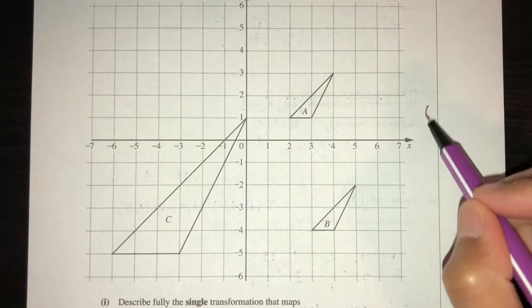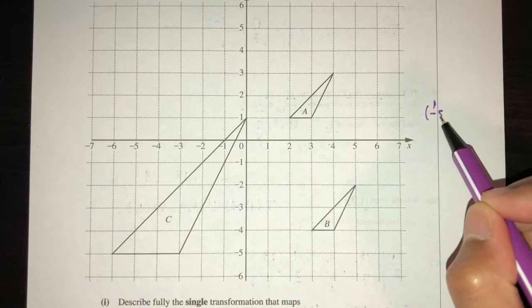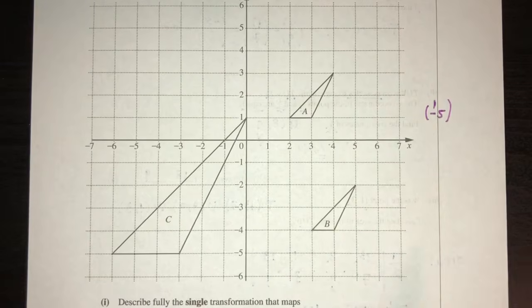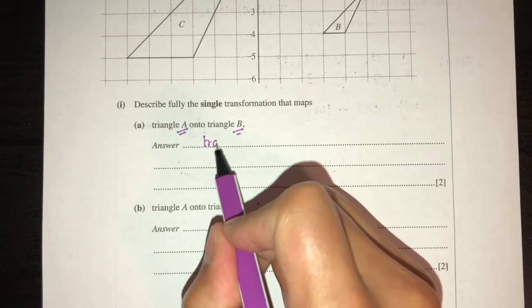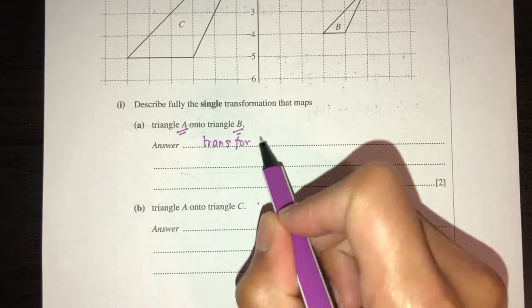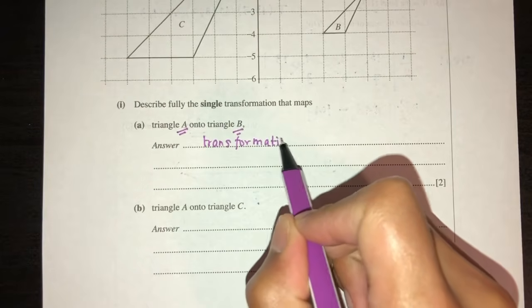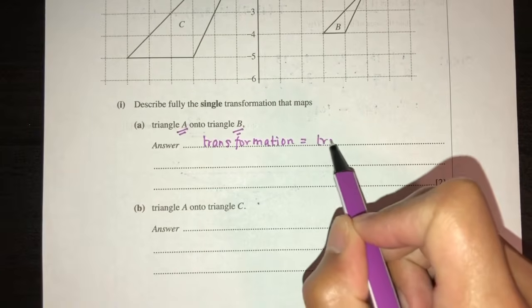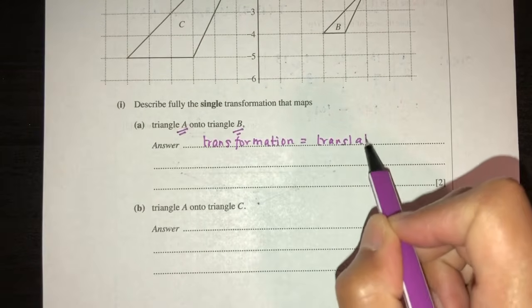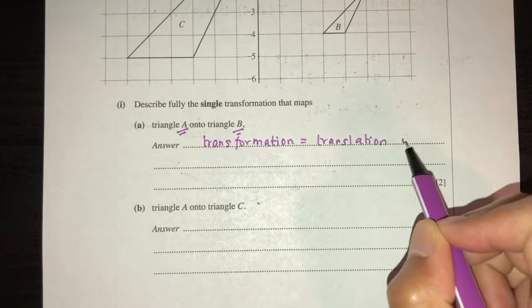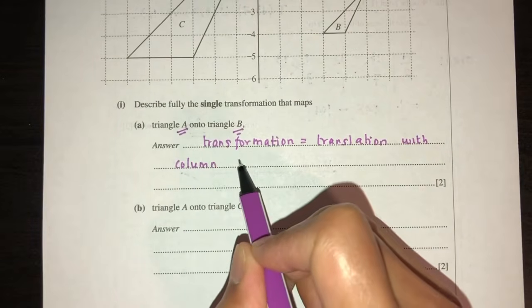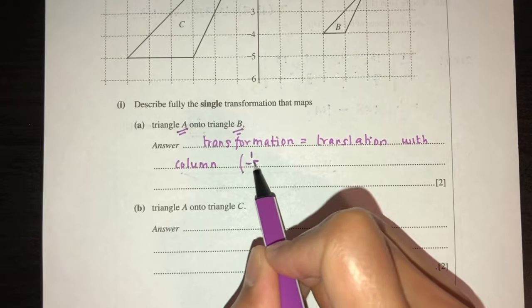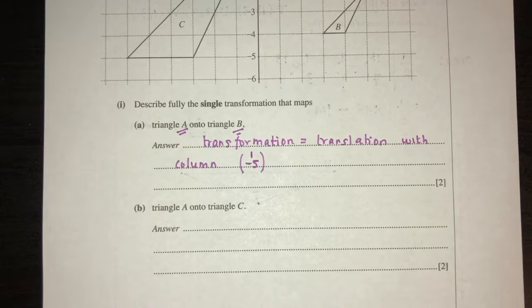So 1 to the right and 5 down. That will be (1, -5). So let's write this down. It is a translation with column vector (1, -5). That will be part 1.